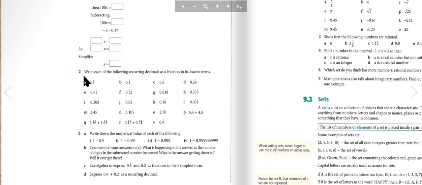So, each of these as a fraction in its lowest terms are, respectively, 5/9, 1/9, 8/9, 8/33, 61/99, 32/99, 206/333, 233/999, 208/999, and so on.